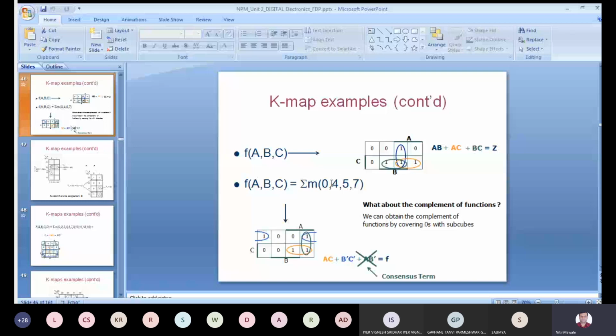So solve that. Whatever terms are present, for those terms you have to enter 1 in the K-map. There is no need to enter 0, just enter 1 only.